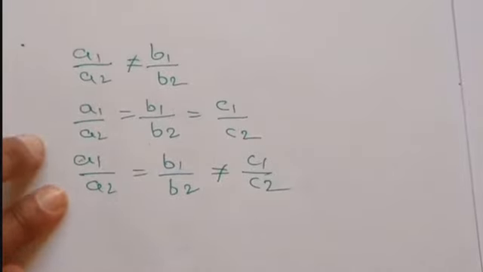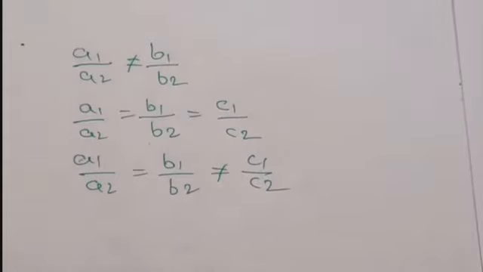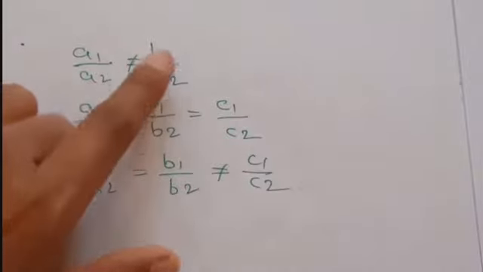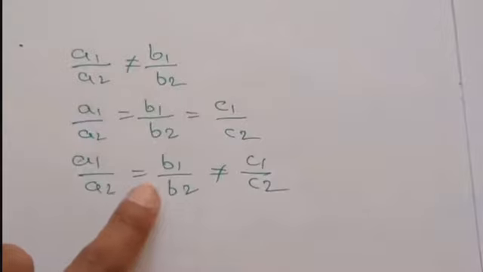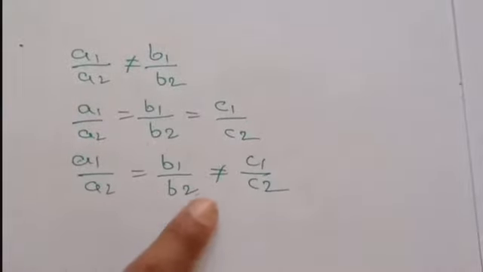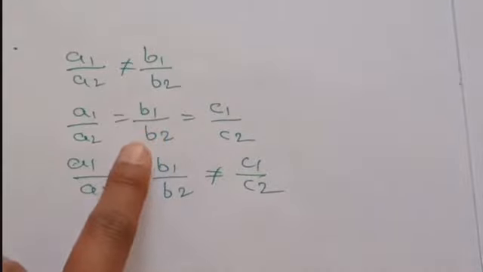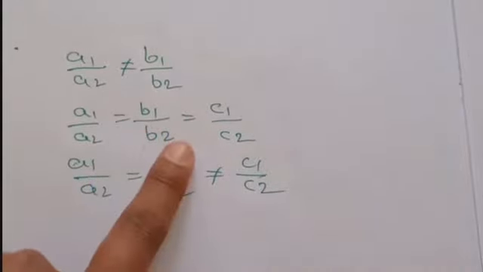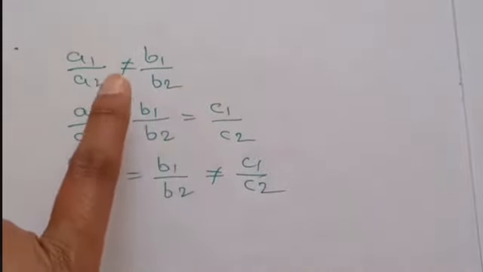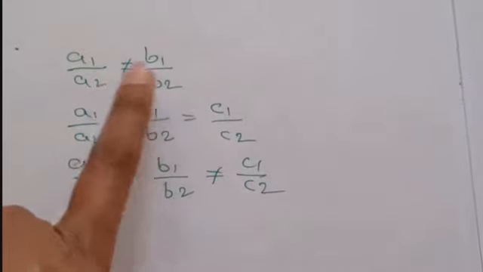That also I will say, in case they ask the same question in a different manner. If they have given parallel instead of consistent, parallel means you need to write down this condition. If they have asked coincident lines, you need to write down this condition. If they have asked intersecting lines, you need to write down this condition, right?